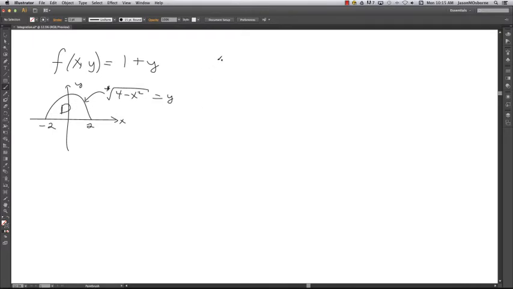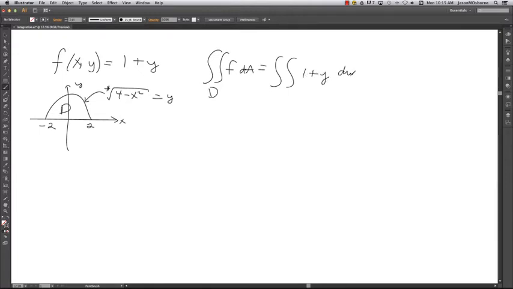Okay, so if this had been a problem from a previous section, say 14.2, they would have just asked you to find the double integral of this function f dA over the region D, and you would have maybe chosen the order of integration dy dx, so the function doesn't change.